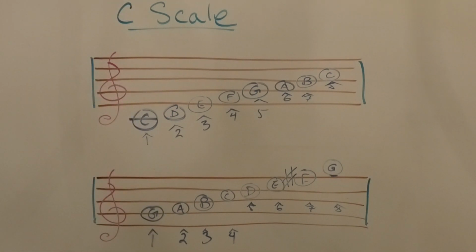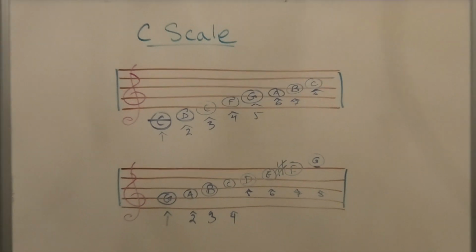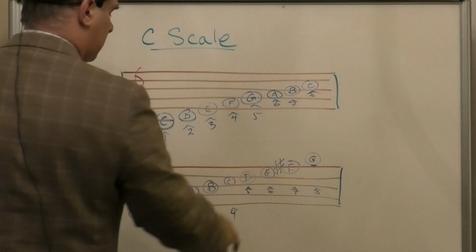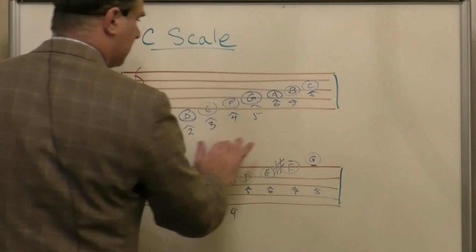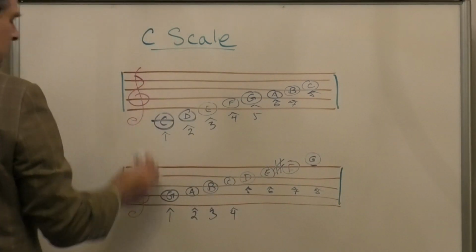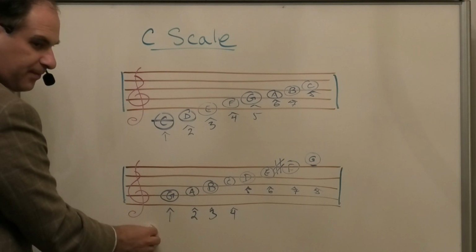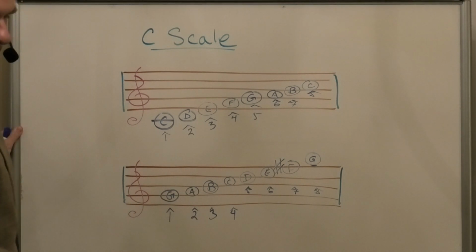So we had to put a sharp, we had to put a black key as the 7th scale degree. Now each of these scale degrees has a name. You good? Can I erase this? I'll erase the C scale.